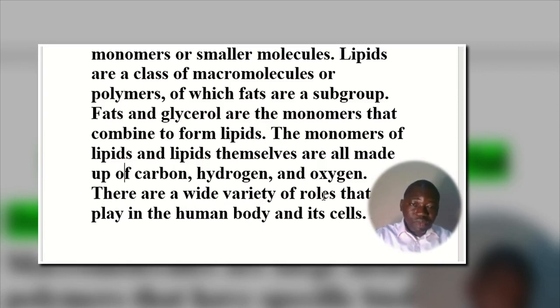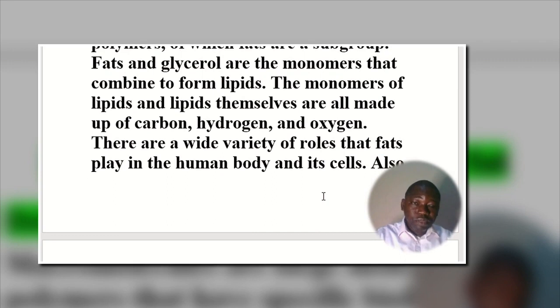The monomers of lipids and lipids themselves are all made up of carbon, hydrogen, and oxygen, which I write as CHO. Carbon, hydrogen, and oxygen are basically part and parcel of the building blocks of life.